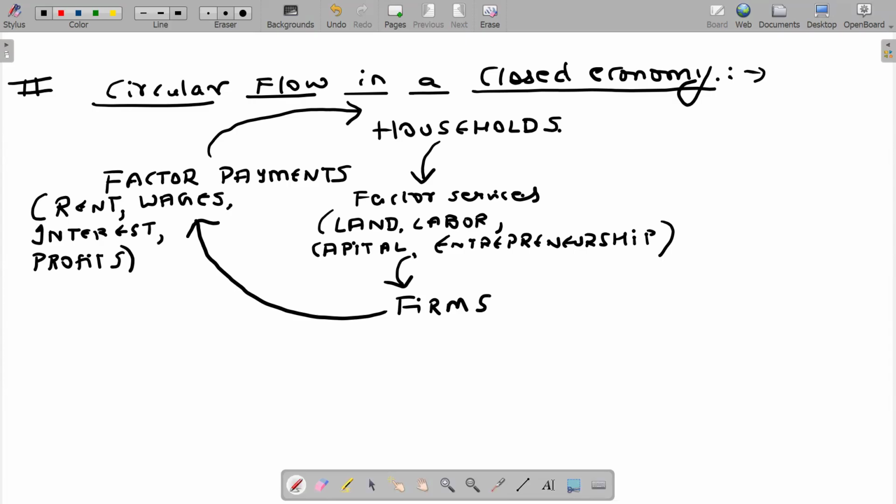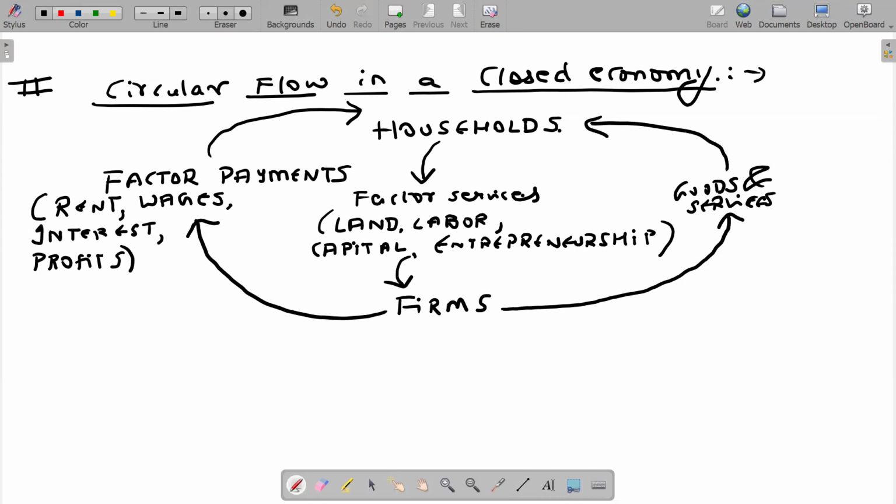Okay, what do firms do with these factor services? When firms hire land, labor, capital, and entrepreneurship skills, firms make goods and services. These goods and services are then sold to the households, and households are not buying these goods and services for free. Households spend on these goods and services.